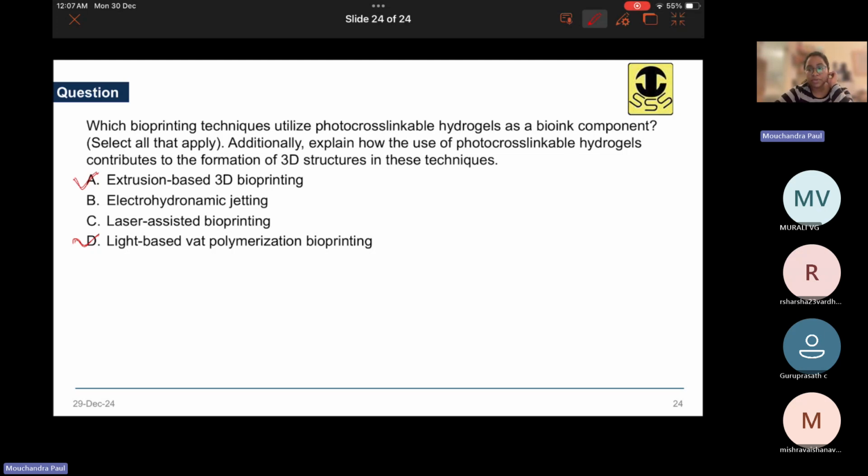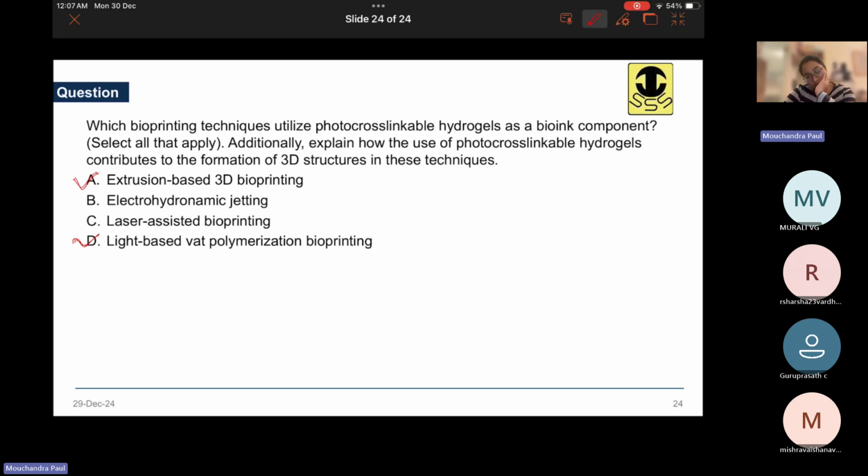But people use photocross-linkable material for extrusion because it helps in a quick post-curing step. As soon as it falls on the substrate, you shine light and it cures quickly. The same can be done for electrohydrodynamic jetting: as soon as the droplet is formed on the surface, you shine light and it cures.